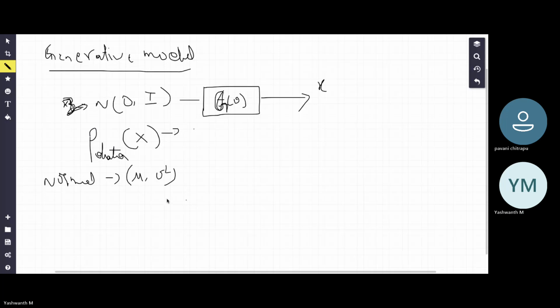If we know the underlying distribution, we can empirically estimate the mean mu hat and sigma square hat, and then get a proxy distribution from the data x1, x2, and so on up to xn.